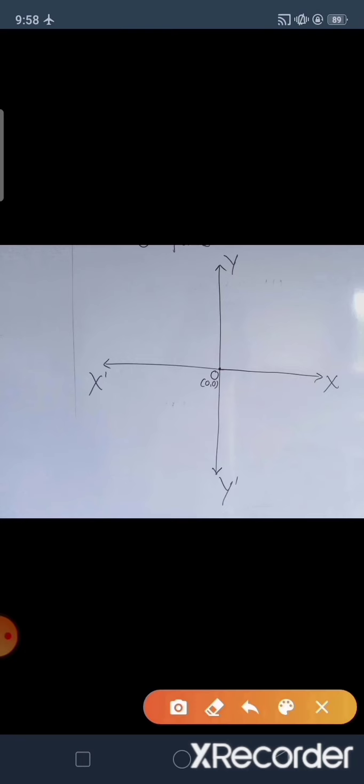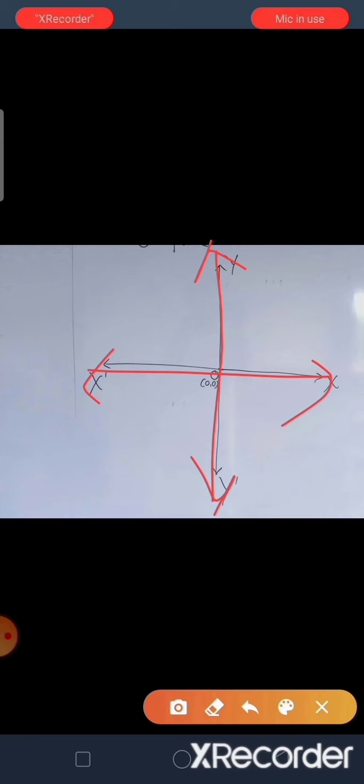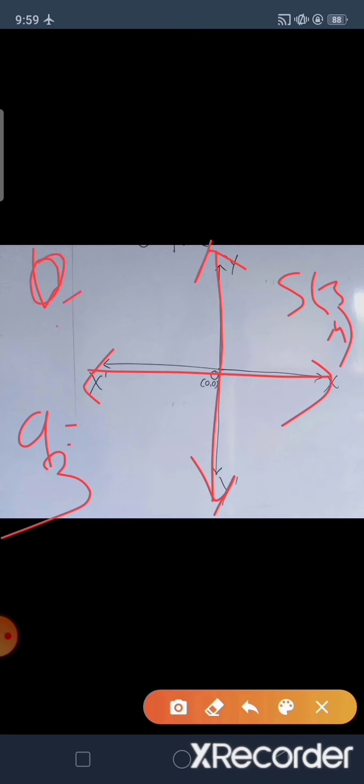Also, for example, we take any point in our graph. Here we plot a graph in a plane with y dash and x dash. We take any point S, and the ordered pair of S is (3, 4). It means the abscissa is 3 and the ordinate is 4. So for that point we start from 0 and go 1, 2, 3 and stop here, and this is named R, and the length of OR is 3.